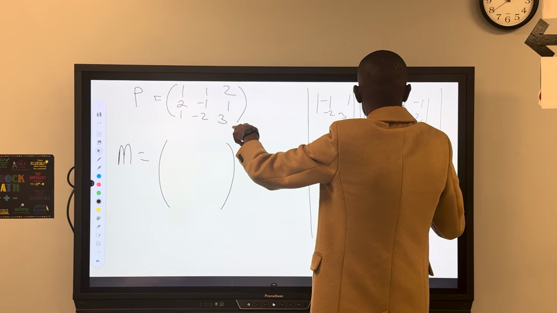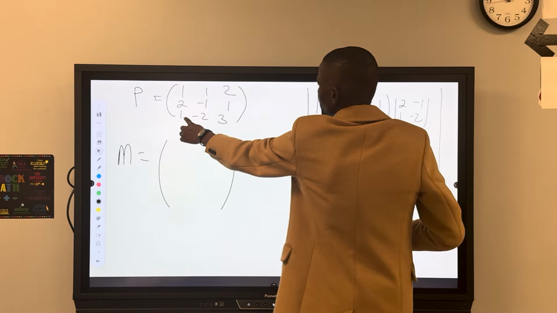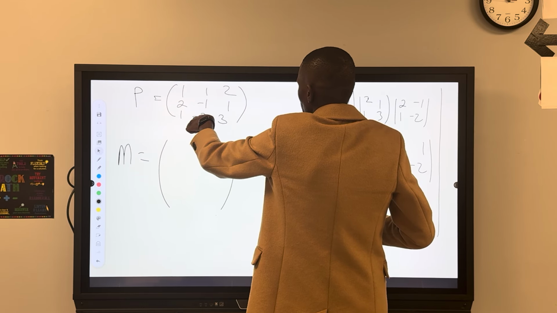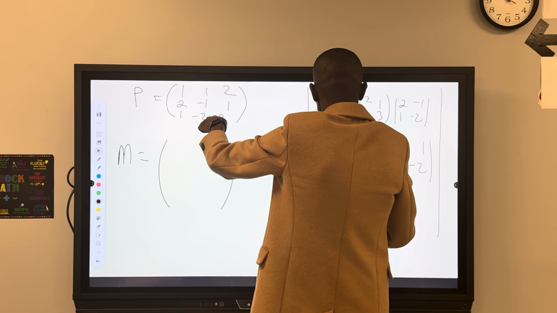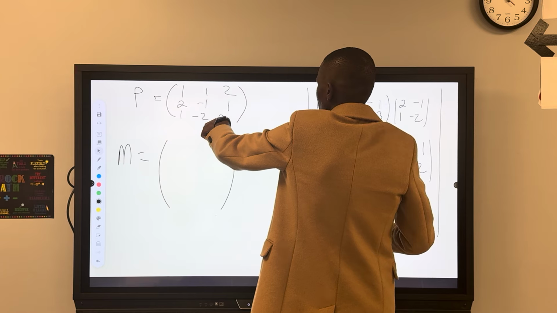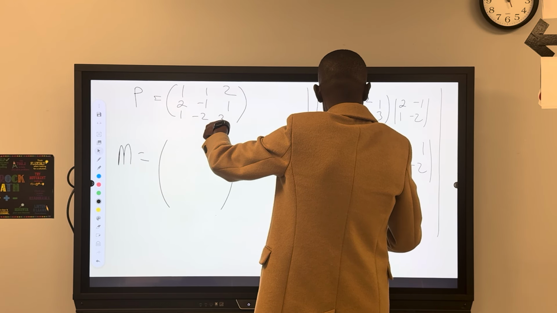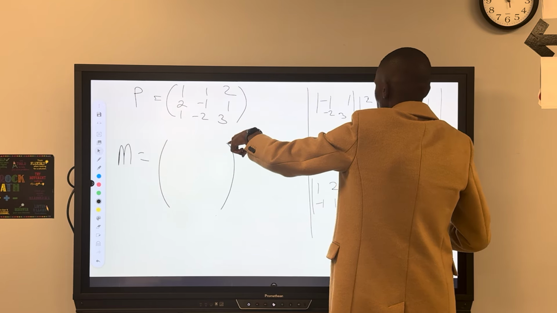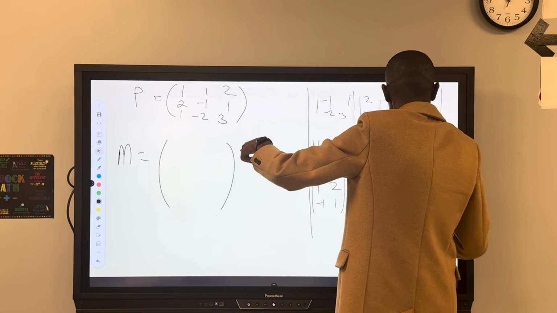Then if we do the same, I have 1, 1, 1, negative 2, right? Then for this one here, I'm going to delete the row and the column. So we remain with 1, 2, negative 1, 1. Then we remain with 1, 2, 2, 1. Then we remain with 1, 1, 2, negative 1.